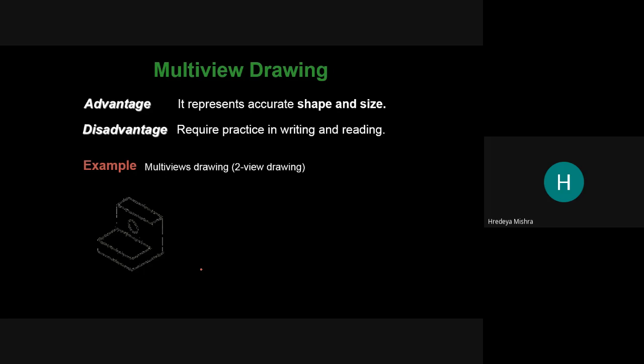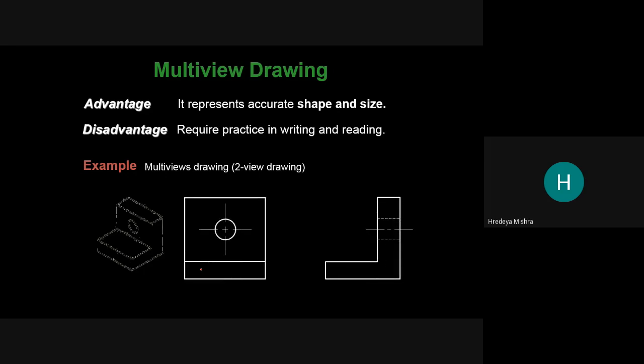Okay, so see here, this is our isometric view, and from this view we can get the front view, and this is the side view. This is our front view and this is our side view. Why these two sides? Because from these two sides we can find all the dimensions, so there is no need to make the third view.